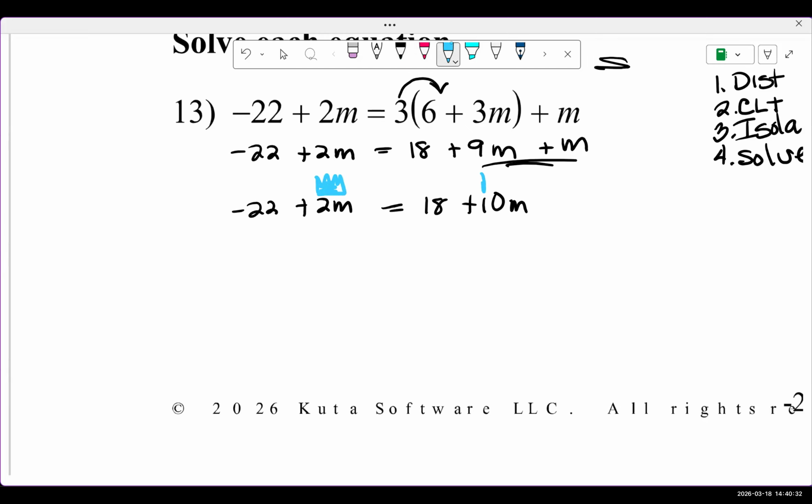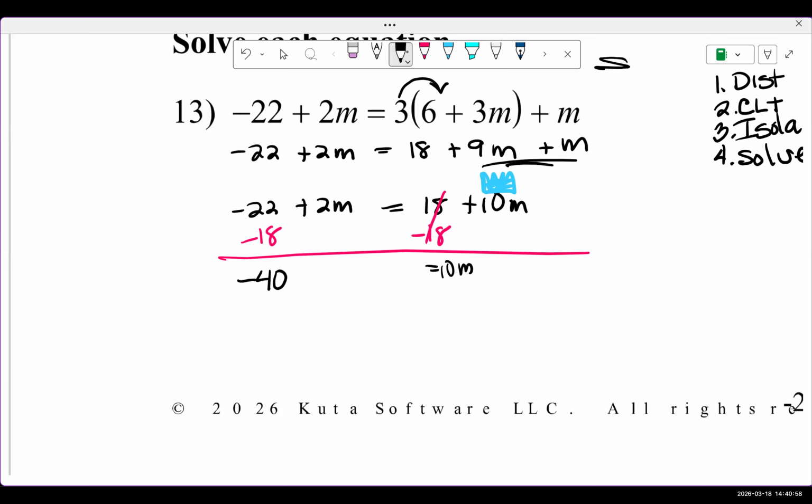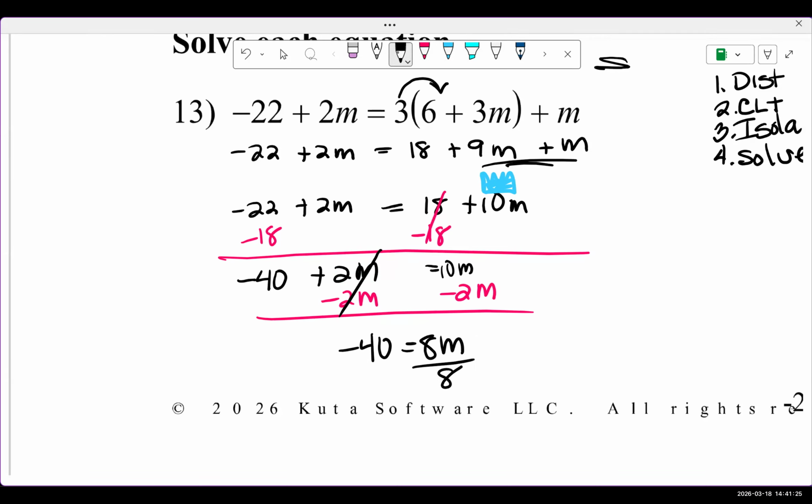Yeah, that's 2m, but that's 10m. Who's more important? The 10m. Okay, let's get rid of the 18. It's a positive, so we're subtracting. And we have -22 and -18 is -40. Okay, this 2m is on the wrong side. So we need to subtract 2m. -40 is equal to 8m. Divide by 8. M is equal to -5.